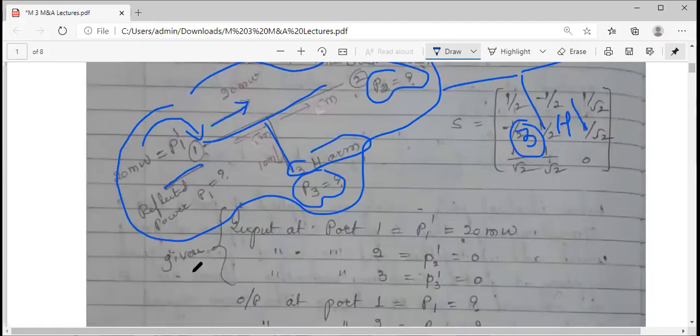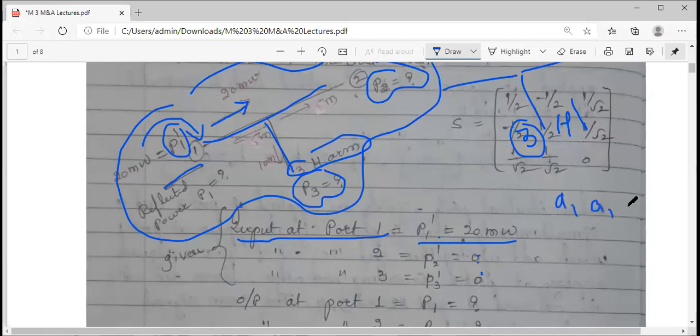According to the given data, the input at port 1, P1 dash, is 20 milliwatts, and all other ports are terminated. That is, input is applied only to the first port. The remaining 2 ports are matched loads, so we are not applying any input there.